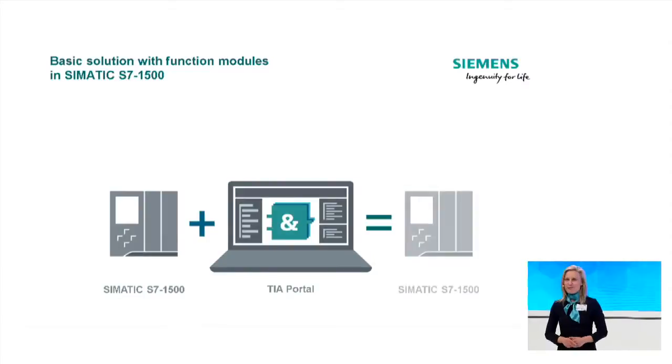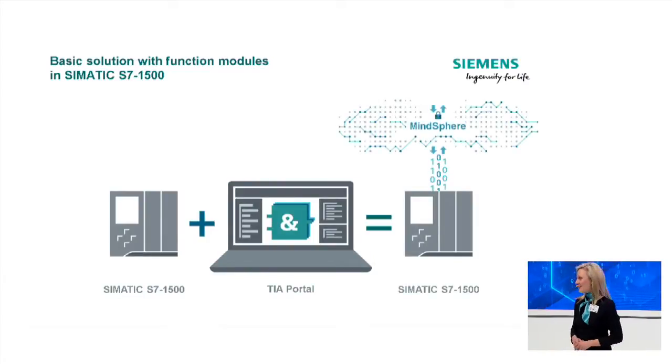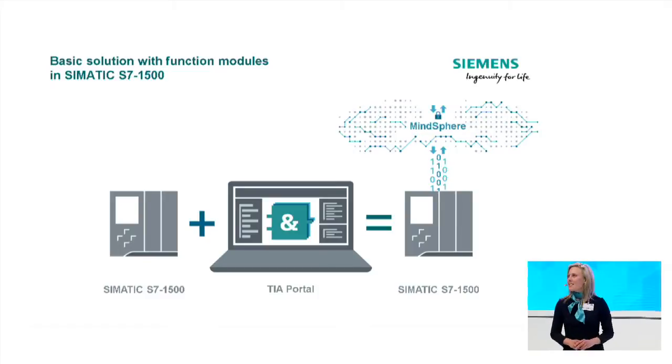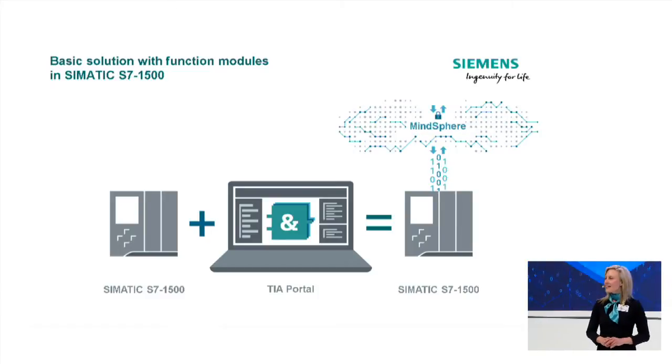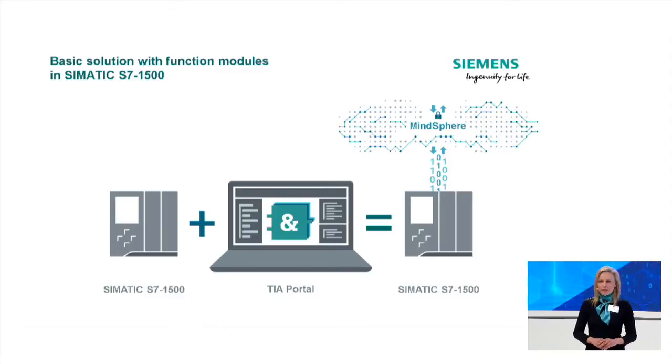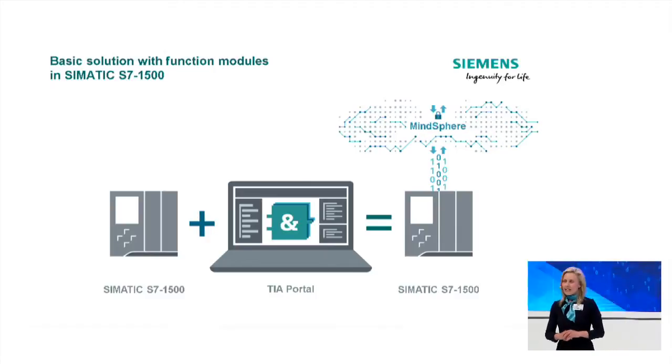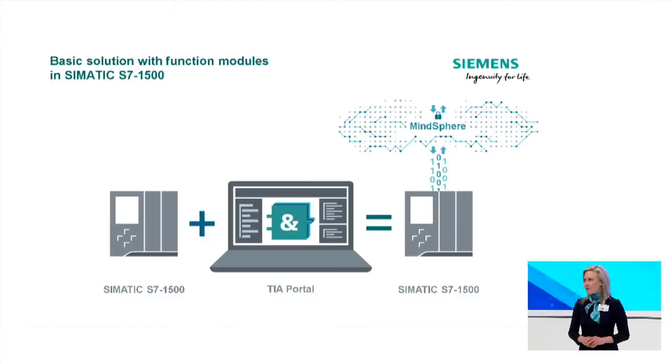I hate programming, but I love configuring. This is really easy with our engineering framework, TIA Portal. This is needed to engineer the entire machine. The PLC and HMI program is created via TIA Portal and also the MindConnect function blocks.